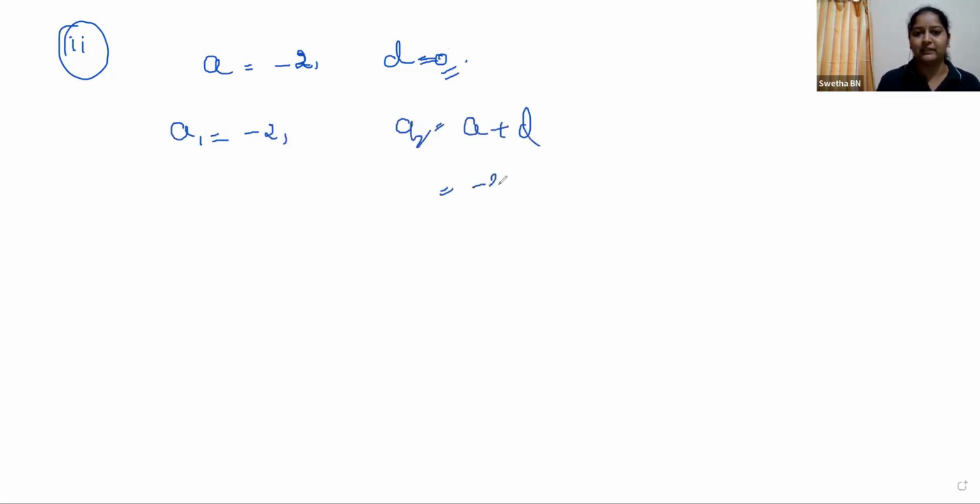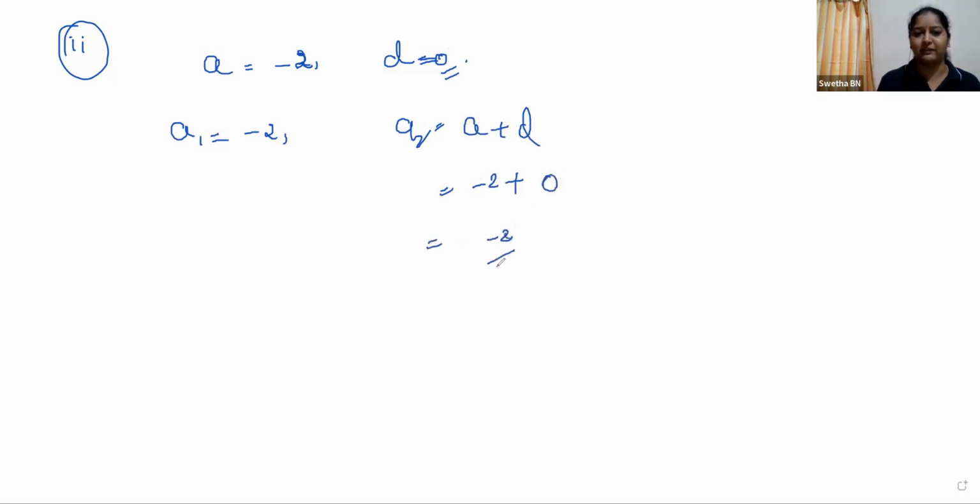Second question. A is equal to -2 and D is equal to 0. So what will be the numbers if the common difference between the numbers is 0? What will you get? See, A1 is equal to -2. What is A2? A plus D, that is equal to -2 plus 0.